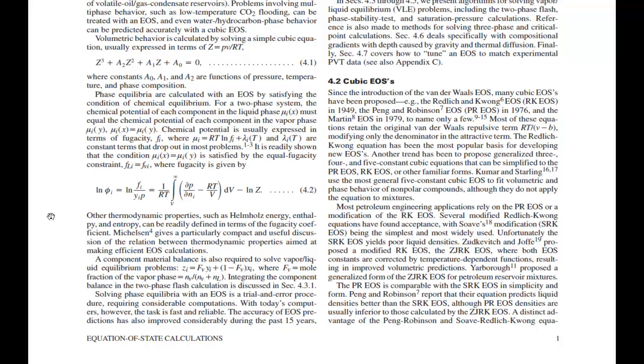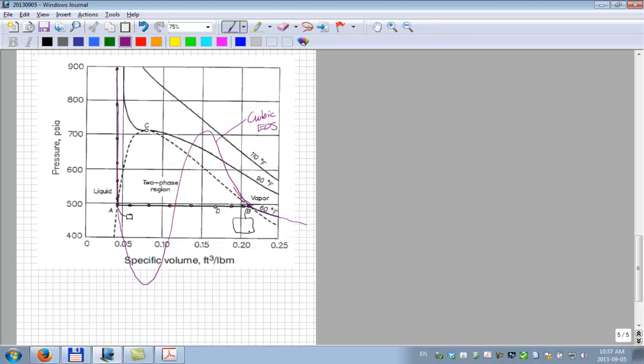It has an integration of volume from the volume at your pressure and temperature to infinity, with 1 over volume here and pressure in here. For a pure compound, it looks something like this. Basically, it's an expression that can be differentiated and integrated analytically. And what you'll find is that anywhere it calculates a point here, it will be able to calculate the energy. This is the chemical energy.